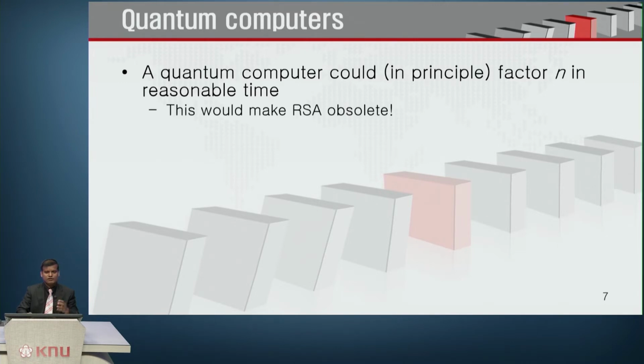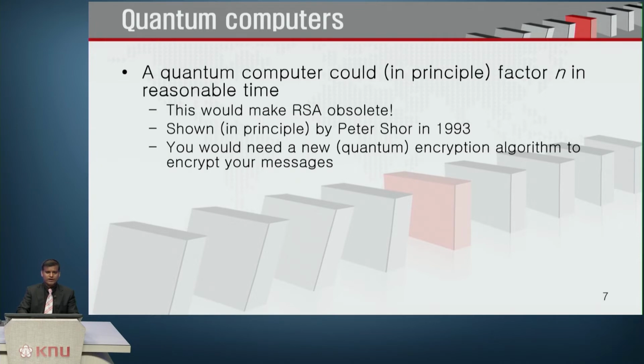For example, this would make RSA obsolete. When I say obsolete, I mean that RSA could not stand before quantum computers, and with quantum computers new encryption algorithms can be developed. It's a relatively new mechanism, but these days many people are working on it, and it's getting popular.